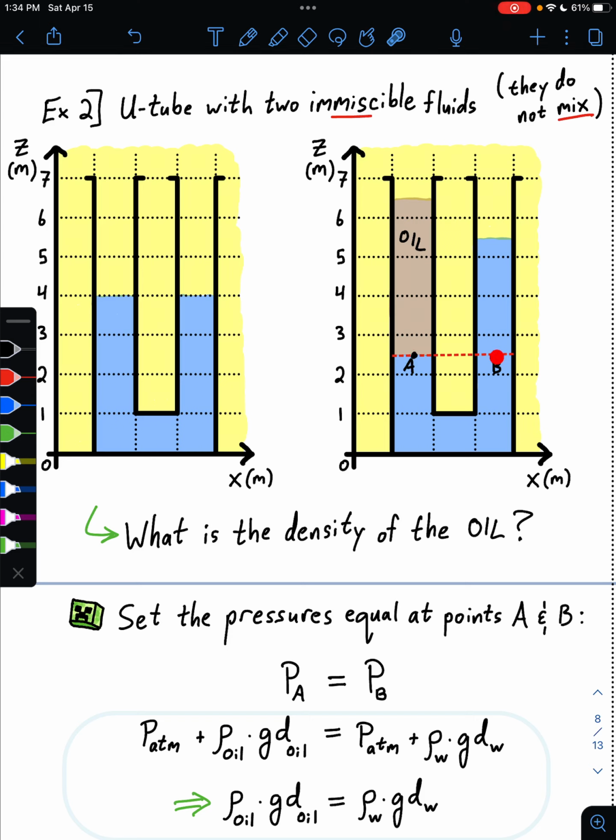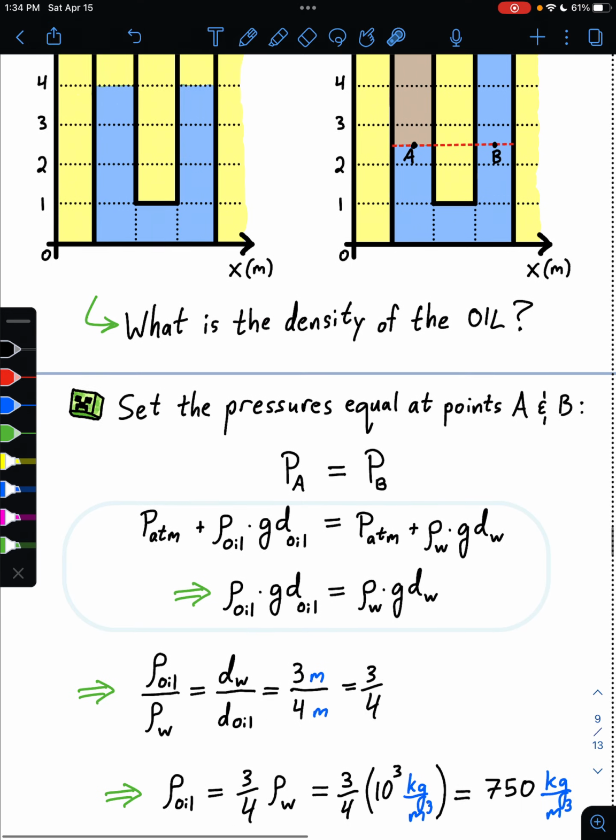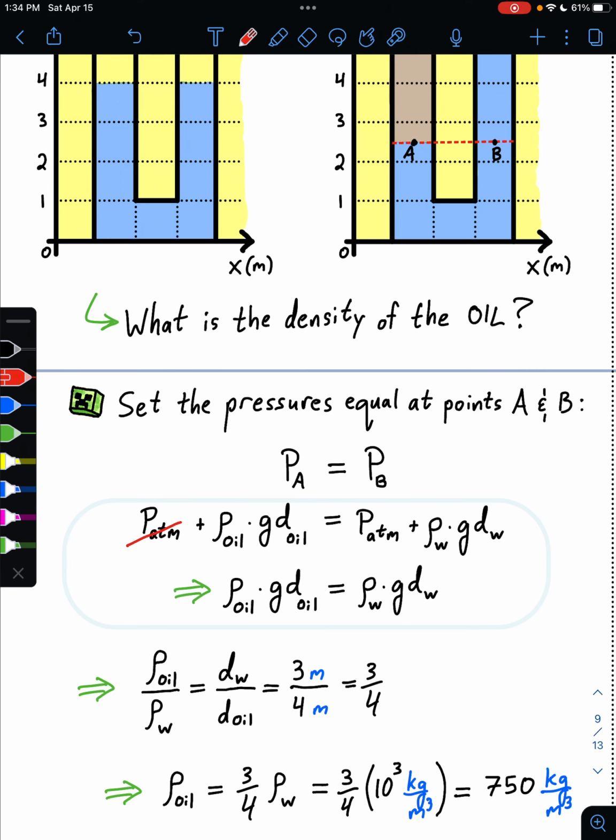That's the pressure at point A. Set that equal to the pressure at point B, which is also the atmospheric pressure above, plus a rho g d term for this 3-meter deep column of water. So the atmospheric pressure plus the density of water times g times the depth of that 3-meter column of water.